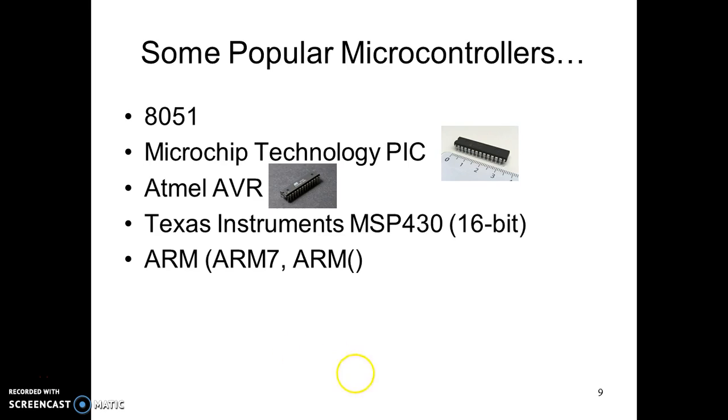Then we have Atmel and its AVR series, Texas Instruments, ARM processors, and many other manufacturers which make microcontrollers of various specifications, having a number of features and sizes, RAM and ports and timers and interrupts, communications.